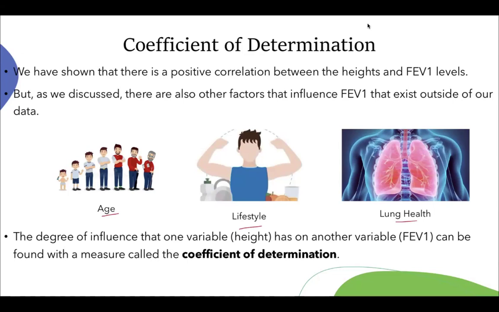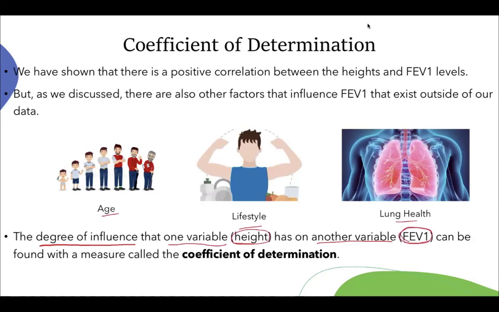We have this measure called the coefficient of determination. The degree of influence that one variable has on another variable is found with a measure called the coefficient of determination. In this example, the coefficient of determination tells us the degree of influence that height has on FEV1.